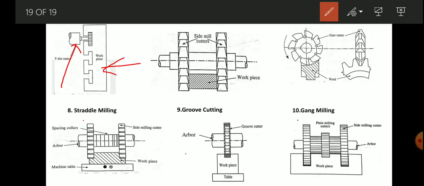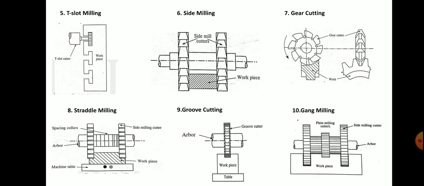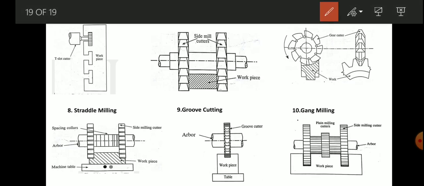Now let us see side milling. Side milling consists of two side milling cutters placed on the arbor, and here is the workpiece. Side milling is the operation of producing a flat vertical surface on the side of the workpiece.